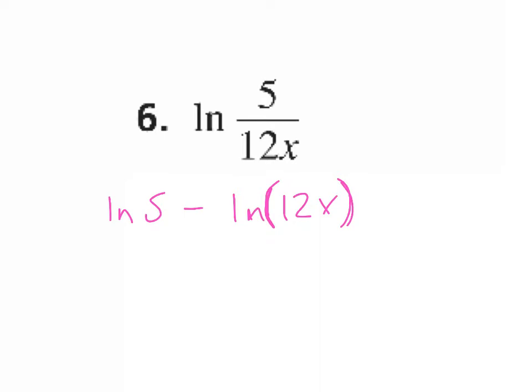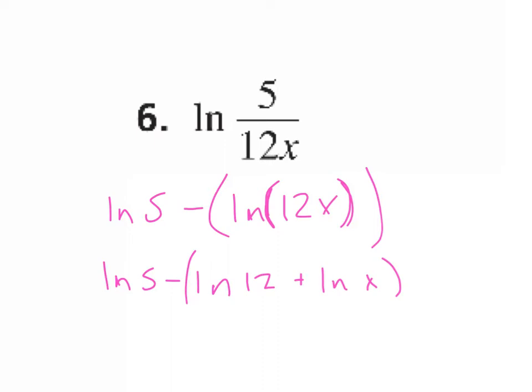Separate them using what? If they're being multiplied, how do we expand it? Add them. So we have ln of 5 minus ln of 12. And then I'm going to put this in parentheses since we have that minus that's happening to everything in here. So then this is plus ln of x.